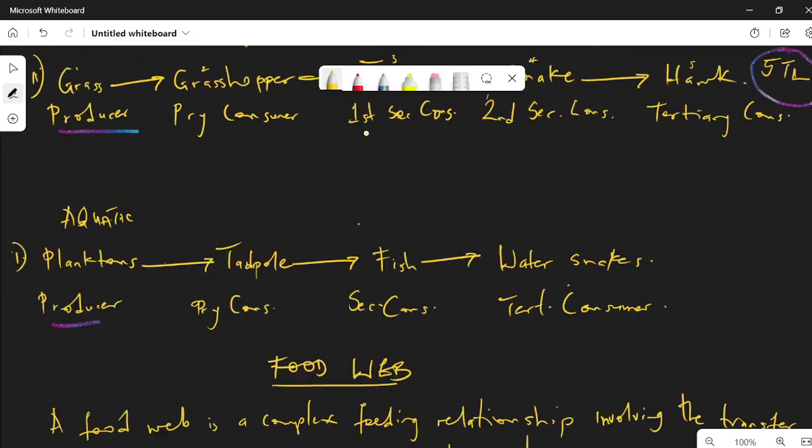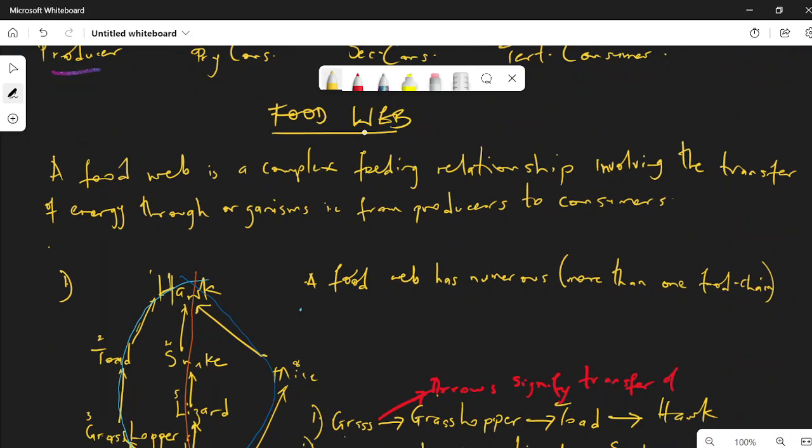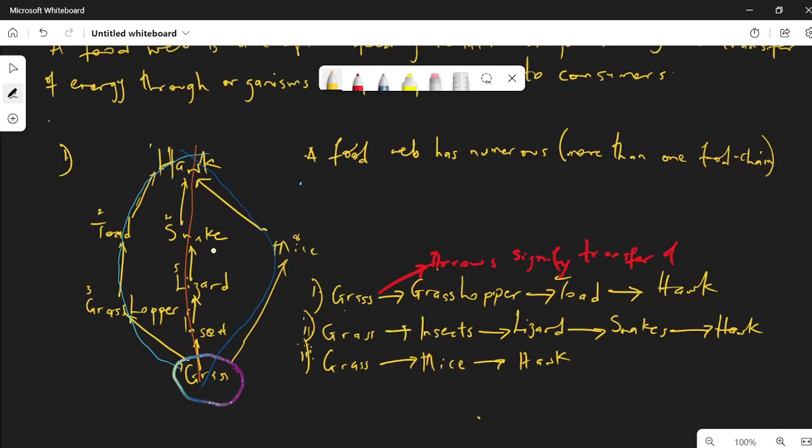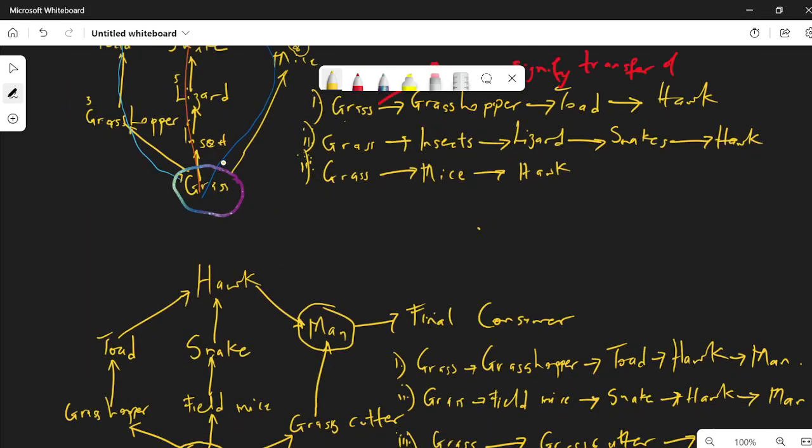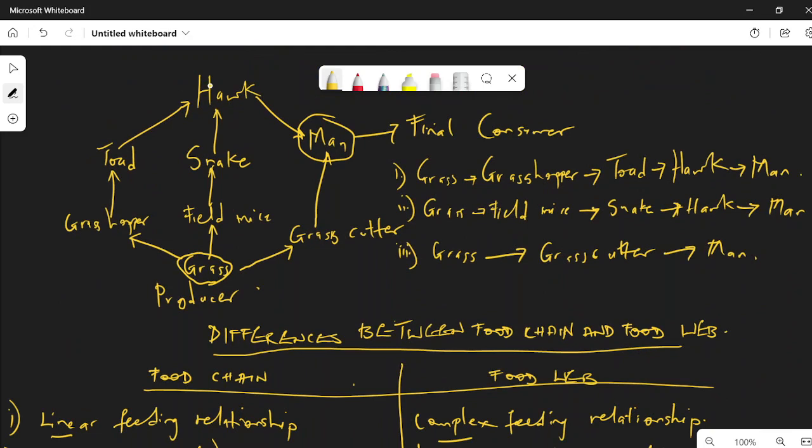Food web has more than those. In this particular one that we treated, we counted 8 organisms, so we have 8 trophic levels here. For this one here, we have 1, 2, 3, 4, 5, 6, 7, 8. So we have 8 trophic levels in this food web as well.